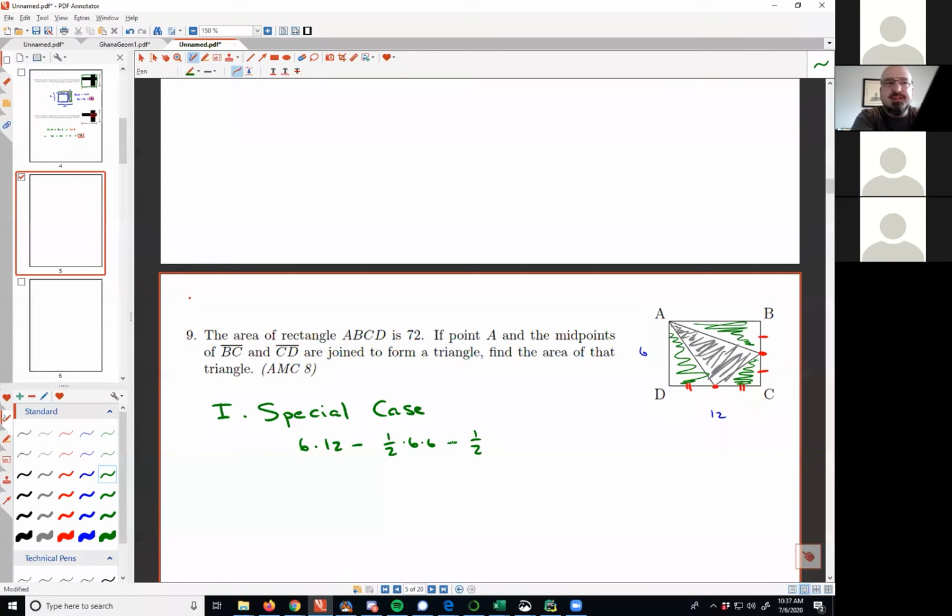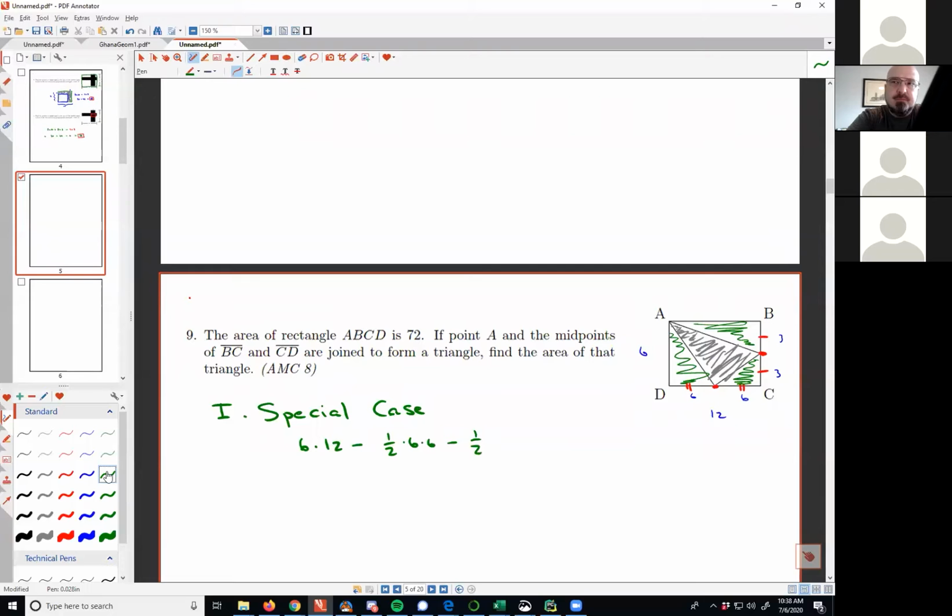If we use AD as 6 and DC as 12, the midpoint of DC would be 6, which should be as long as AD. Like 6 and 6, 3 and 3? Yes, right. That's correct.